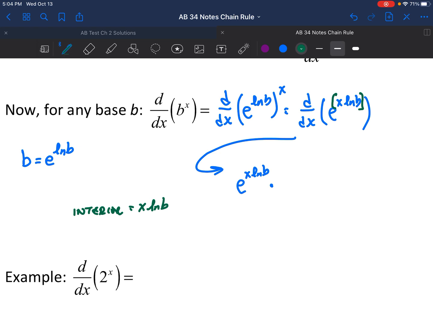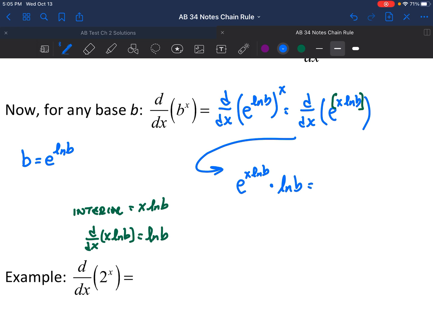Natural log of b is a constant times x. The derivative of that is just ln b, because that's the constant slope. So we're going to have e to the x ln b multiplied by ln b.